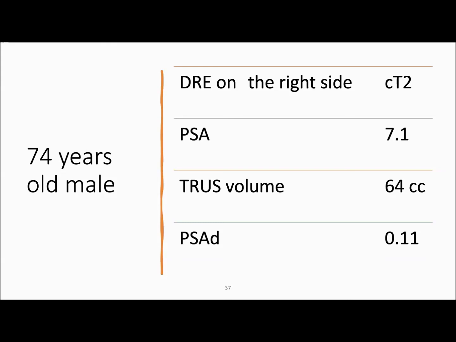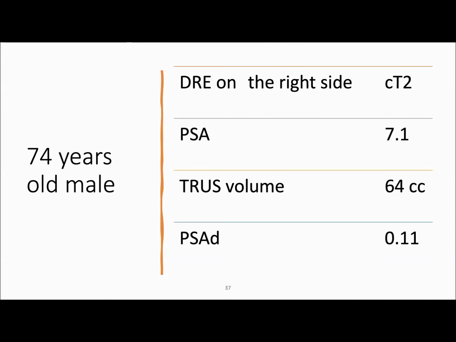So between 0.08 and 0.15 is still sort of a gray zone, although if it is crossing 0.08, you can suspect that there may be low-risk or intermediate-risk cancer. If it crosses 0.15, up to 0.2, you can actually think in terms of disease with capsular penetration.